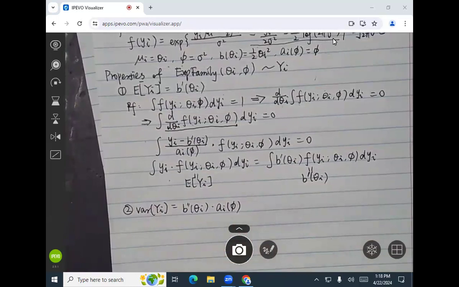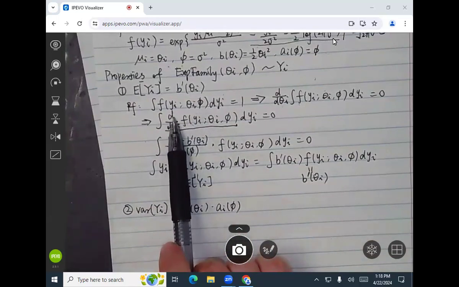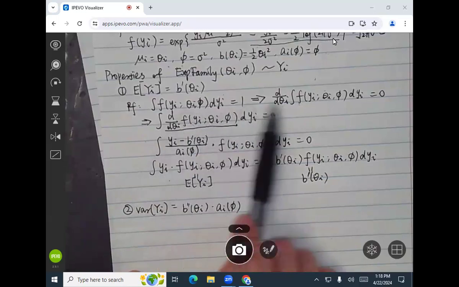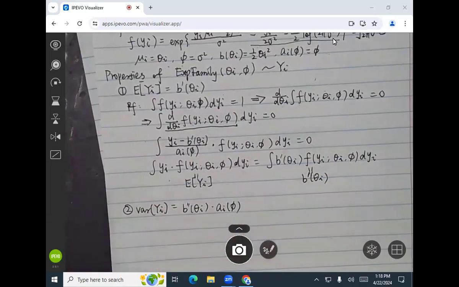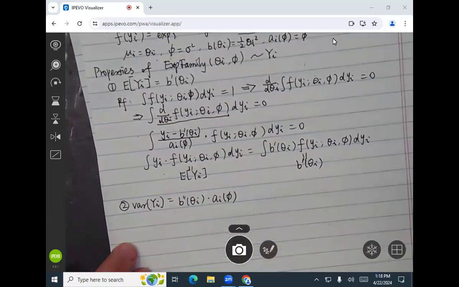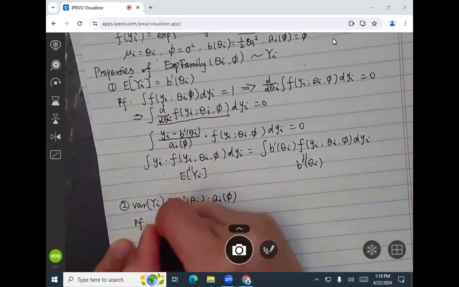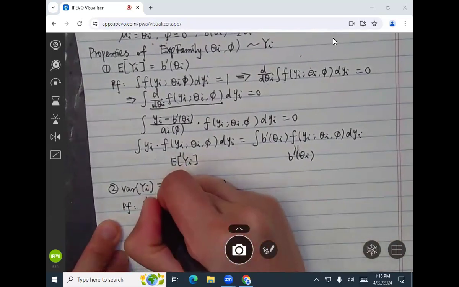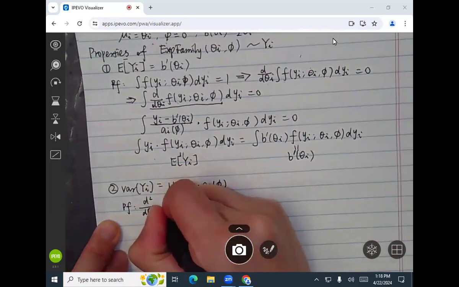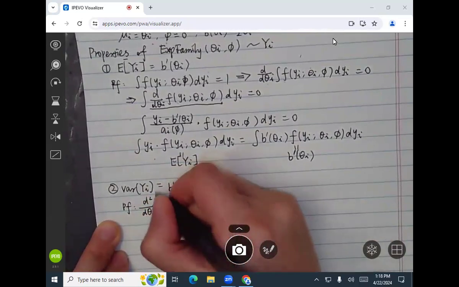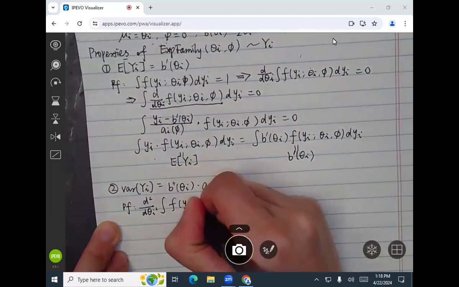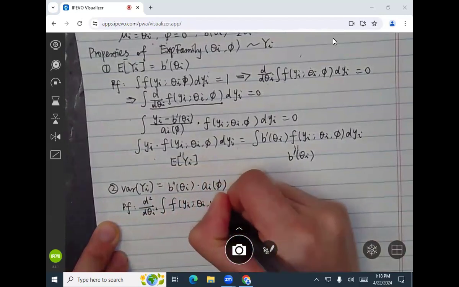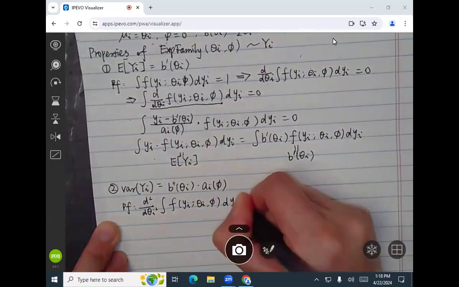Okay. And for this one, the proof is very similar to the previous one. The only thing is that we will move on to the second derivative, not just the first derivative. So basically, to prove this result, we'll go to the second derivative, d squared over d theta i squared of this integral of f(yi; theta i, phi) dyi.